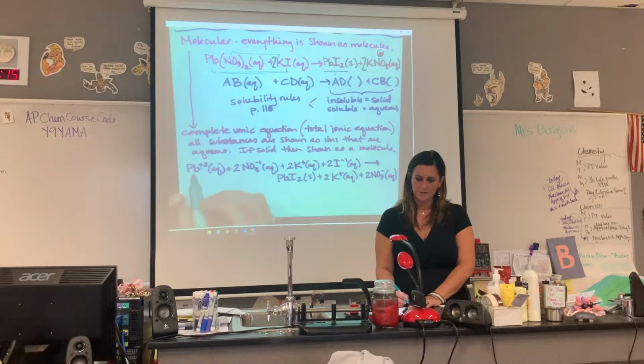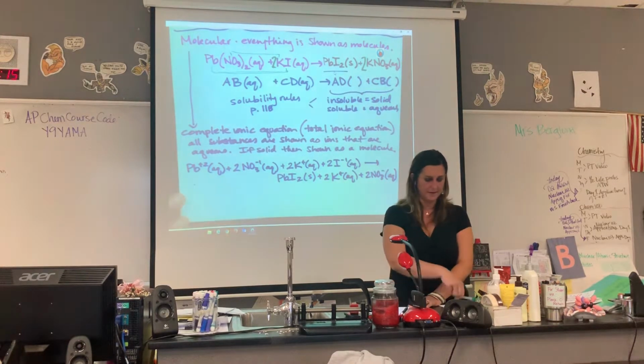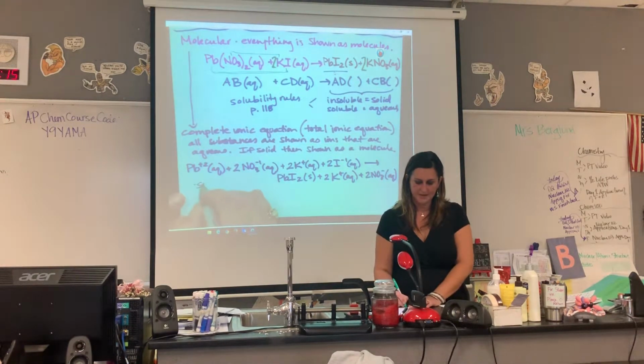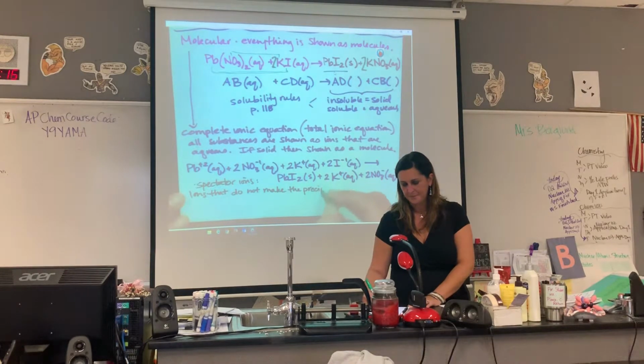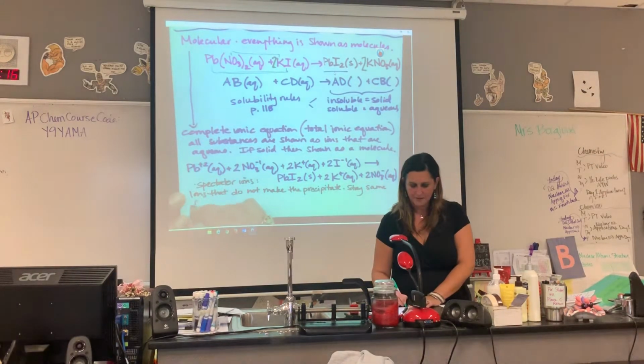And what we want to identify here are something called spectator ions. And these are the ions that do not make the precipitate. They stay the same from the reactants to the product side.